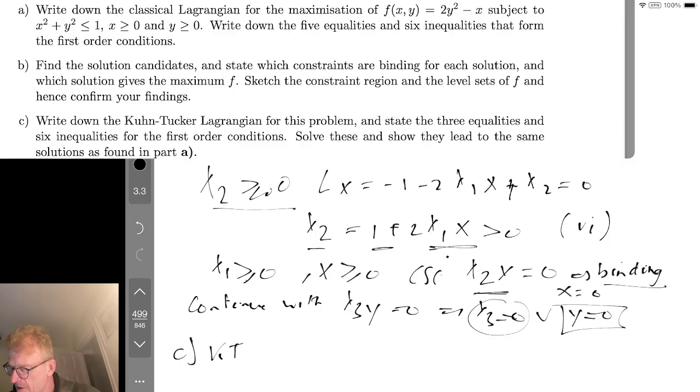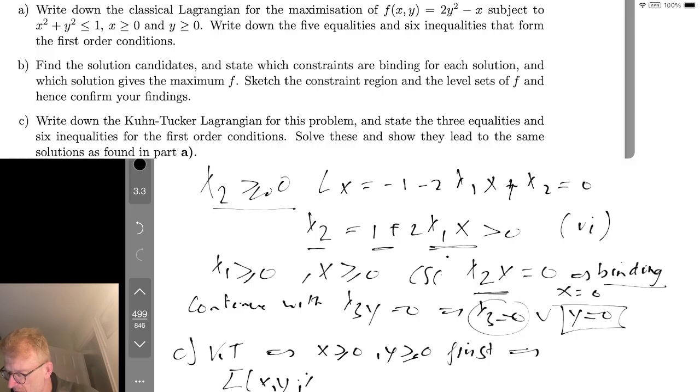But in the Kuhn-Tucker theory, basically you take care of the positivity constraints first in an updated theory, and then you derive a Kuhn-Tucker Lagrangian, which only involves the function itself, 2y squared minus x, minus lambda 1 times the constraint, which is not just positivity of the variables.